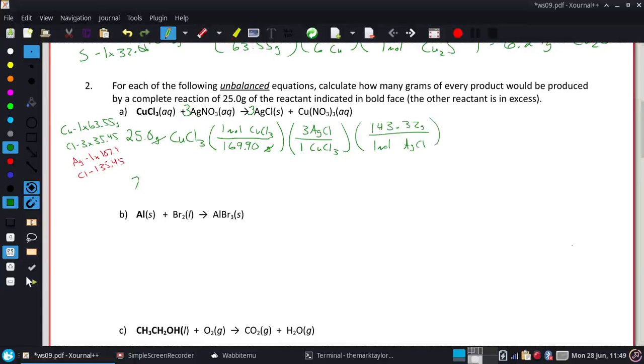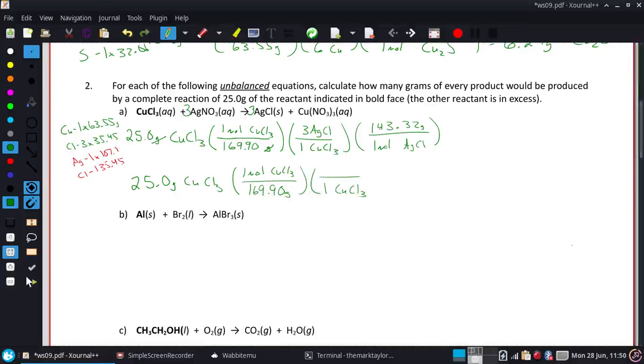Okay, and our second calculation, 25.0 grams of the copper 3 chloride. And now we have 1 copper into copper nitrate.